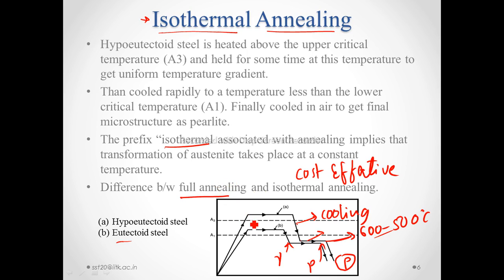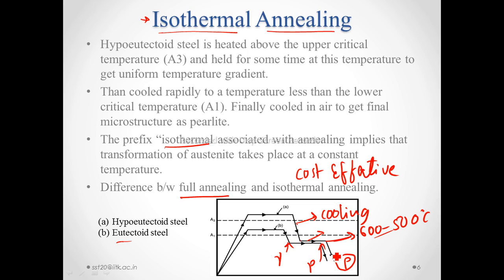In full annealing, we heat above the critical temperature and then cool at a very slow rate. If you cool very fast, there may be a chance of getting internal stresses, and then there is no use of that heat treatment process. Here there is no such hard and fast rule that we have to cool very slowly or very fast.